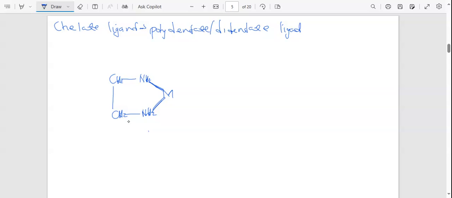So it will form one. The best example we can give, can we name this compound? We have amine there, then a methane, again a methane, then again an amine there. So we can start numbering one, two.